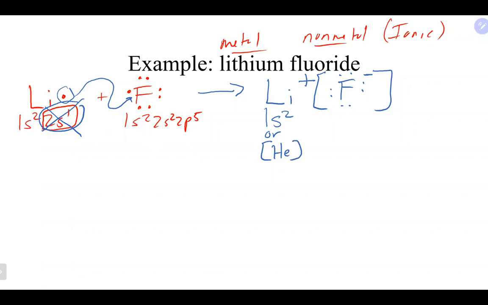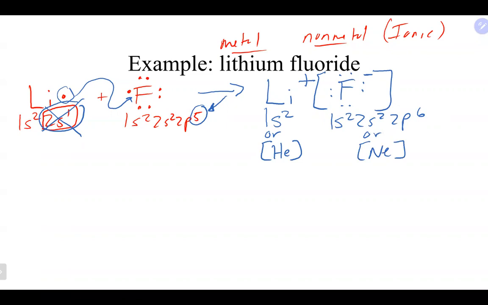So lithium, by giving away its 1 electron, is able to achieve the noble gas configuration of helium. Fluoride is going to take that 1 electron and add it right there because it has room in the p subshell. The p subshell at the beginning only has 5 electrons, so it has room to add 1 more. When it adds 1 more, we get 1s2, 2s2, 2p6. That is 10 electrons, the same configuration as neon.